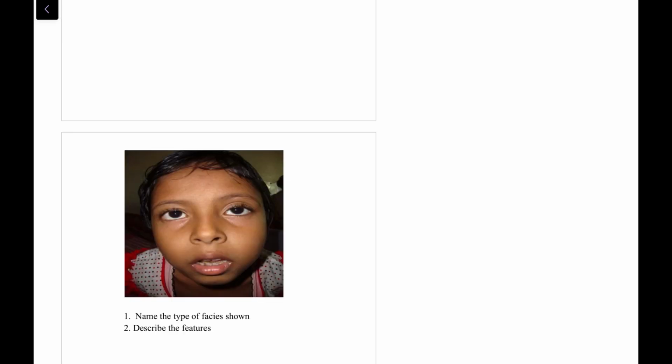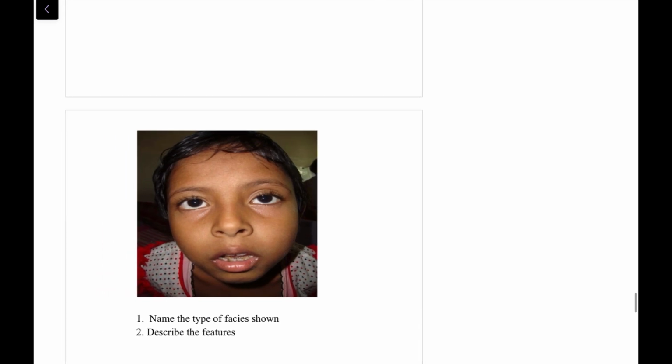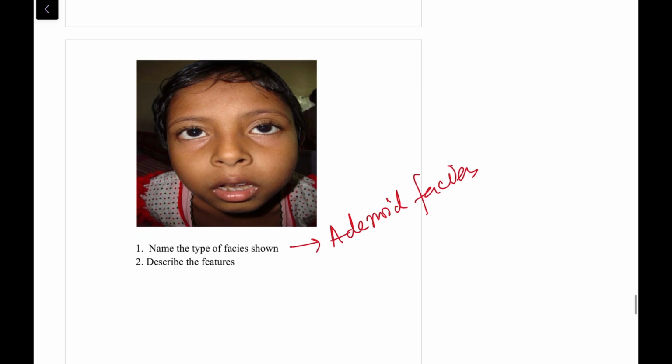So coming to the next picture. So this is adenoid facies shown in this picture. So describe the features. The most important feature that you can see in this diagram is the open mouth and the dull expression.